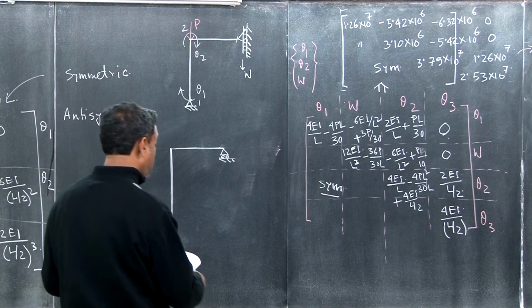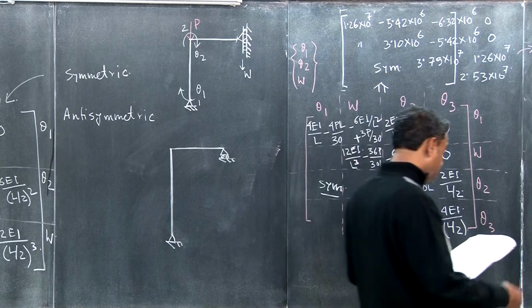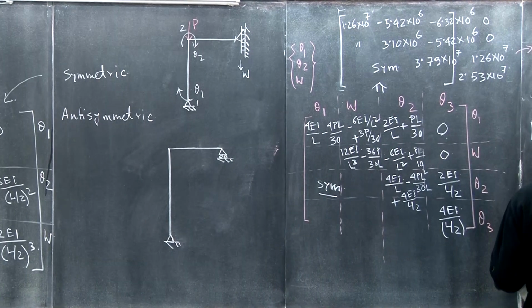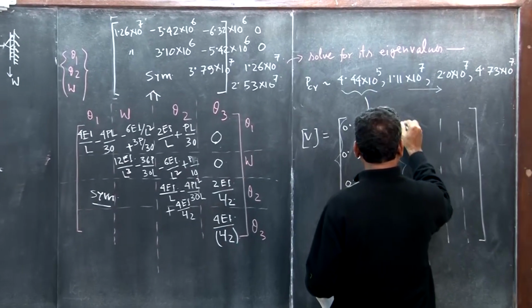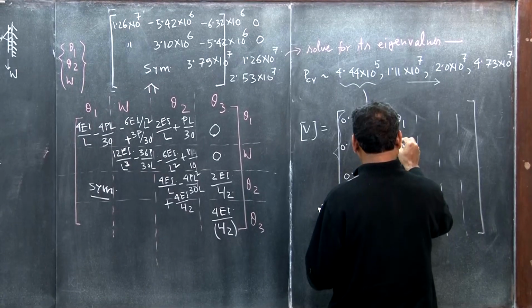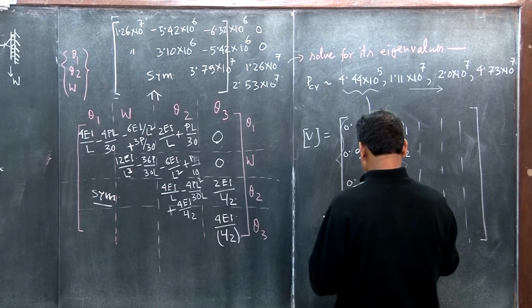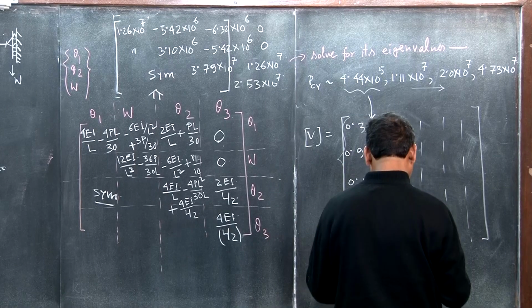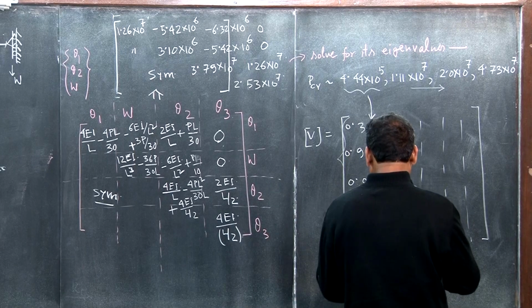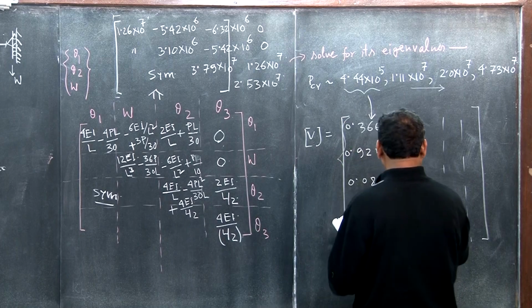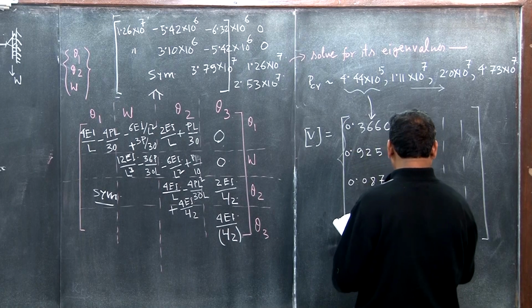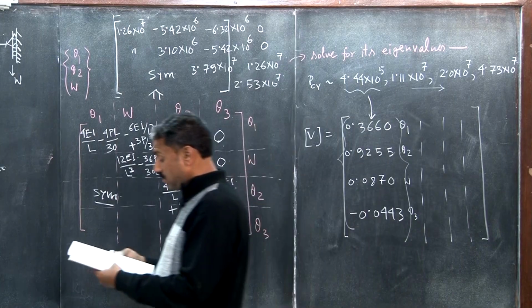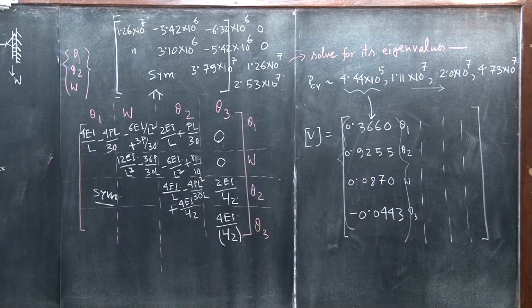So first one is what was the degrees of freedom. This is theta 1, theta 2, this is W, and then this is theta 3. So the first one is 0.366.